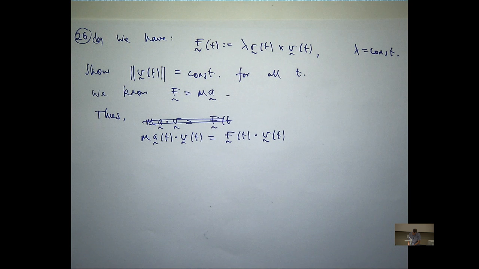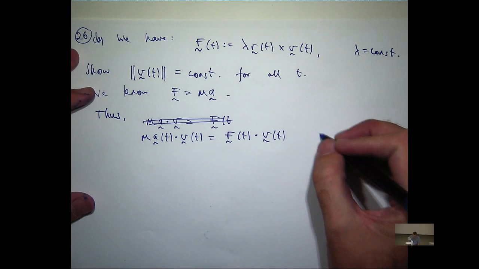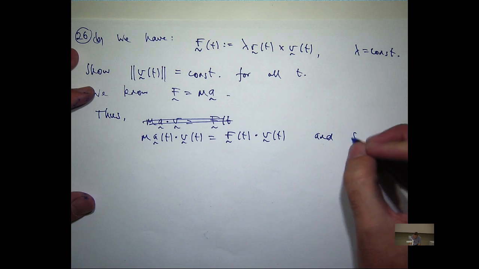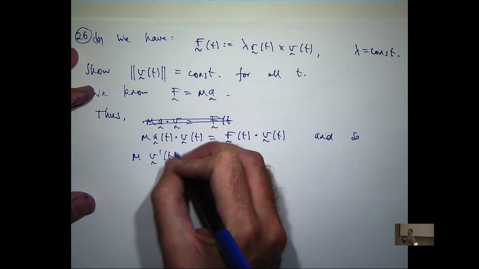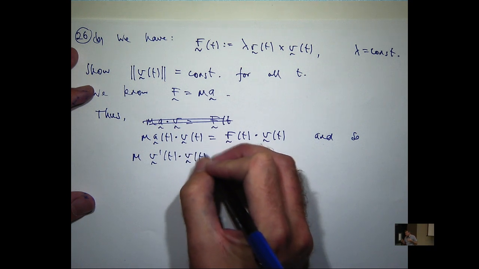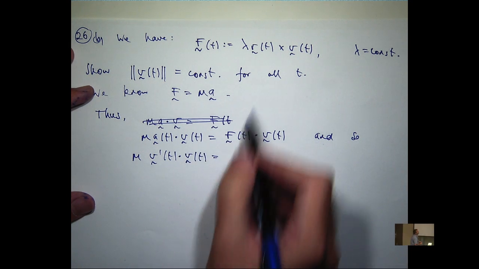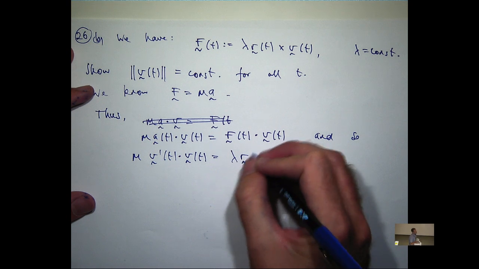Now, the left-hand side, what's the relationship between the acceleration and the velocity? Well, the acceleration is just the derivative of the velocity. So the left-hand side is just... And the right-hand side, well, we can take our q from up here.